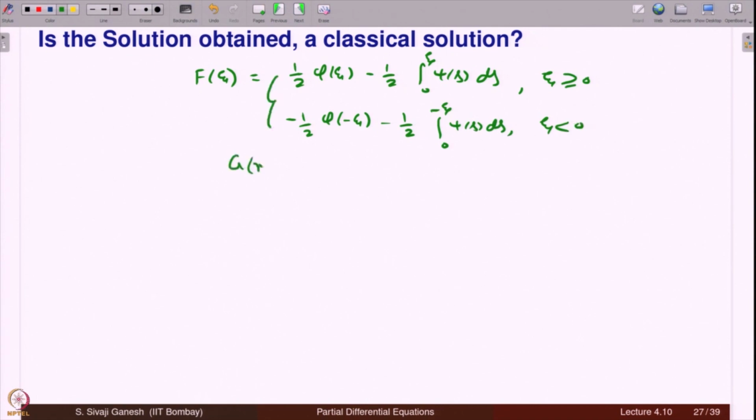And for g of eta, it is half phi eta plus 1 by 2 integral 0 to eta psi s ds.